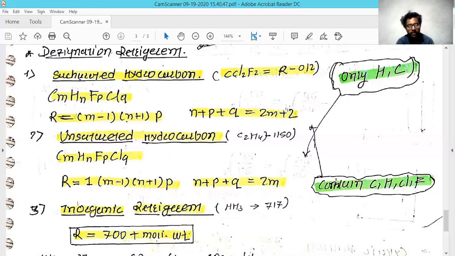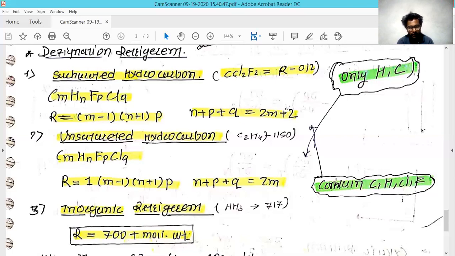In the first, saturated condition, the formula turns out to be N plus P plus Q equals 2M plus 2, and in the second condition, it was N plus P plus Q equals 2M. So from this formula, you can find the relation. You can convert the format from one form to another.